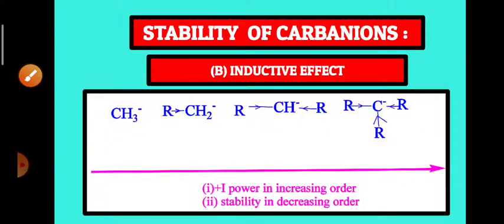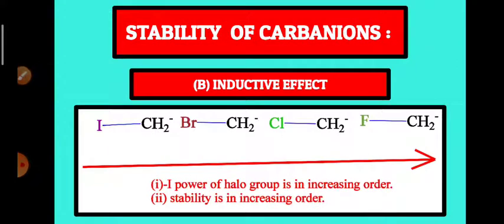Next we go for the groups which show the minus I inductive effect. So here, in order to know the minus I effect, halogens are taken. What are halogens? Fluorine, chlorine, bromine, and iodine are alkyl halides. Okay?